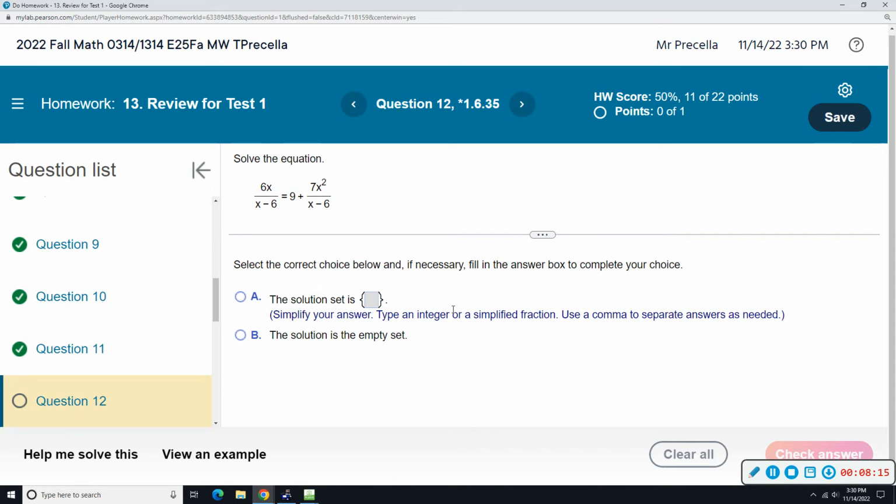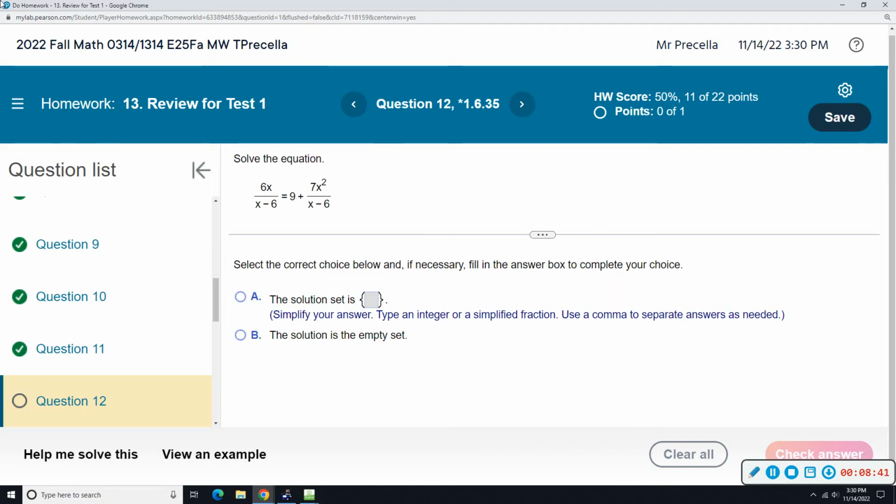Number 12. Let me write this problem down. 6x over x minus 9 is equal, oops, I miscopied the problem.